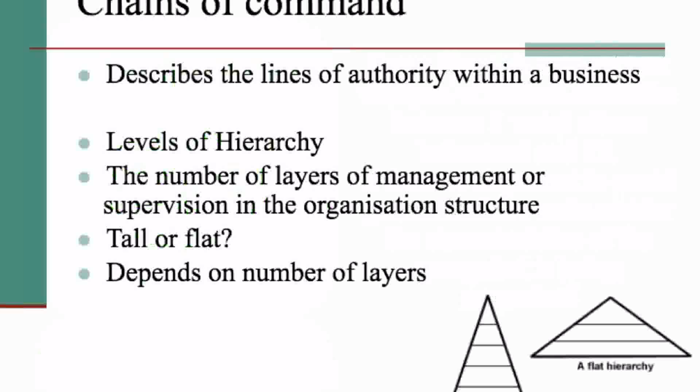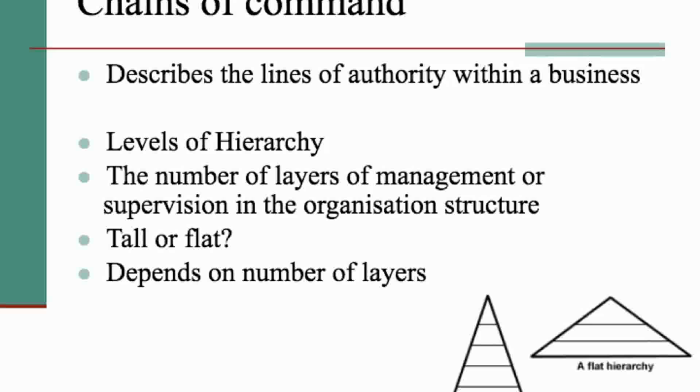I'd like you to turn now to page 11 in the workbook. So we're going to look at this idea of chain of command. So who holds authority within the organisation? And a nice way that we can describe that is by talking about the hierarchy and how many levels it has.